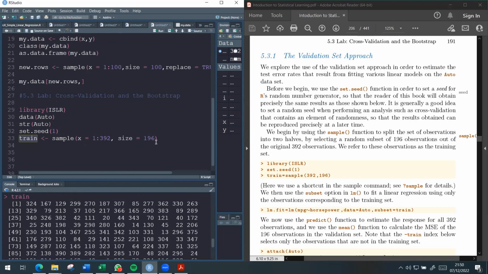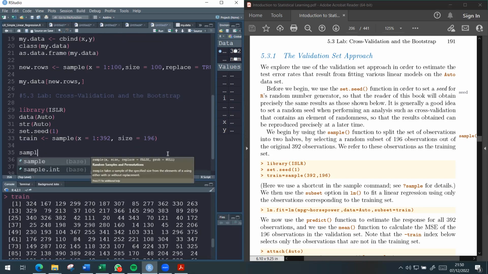Oh, by the way, we didn't specify replacement, true or false. We didn't because in the sample function, you will notice that replace is false by default.